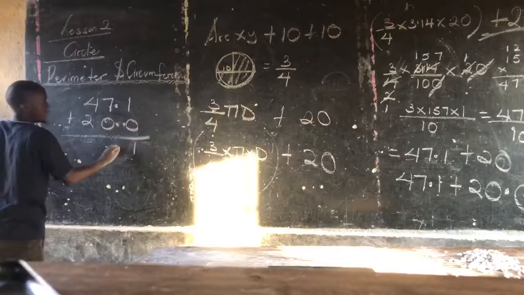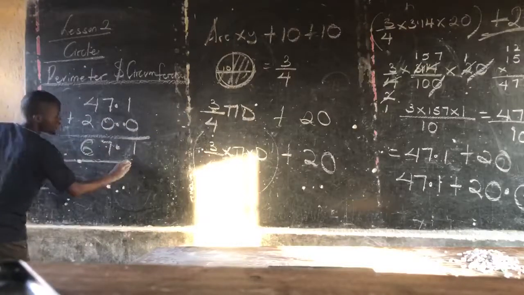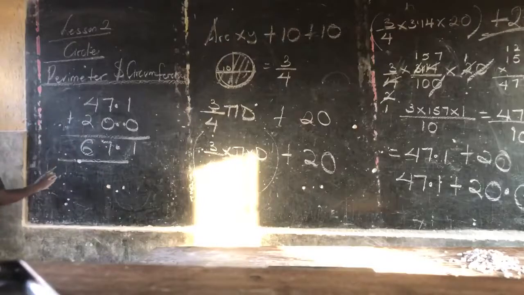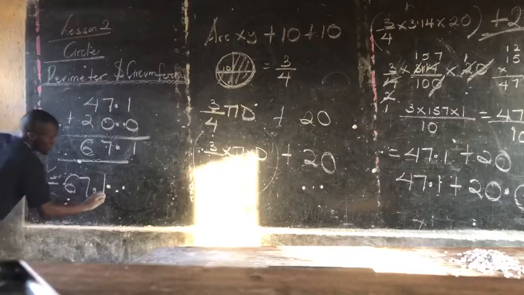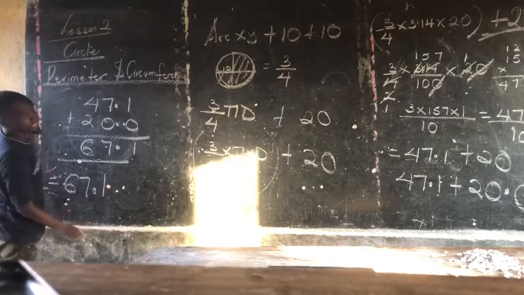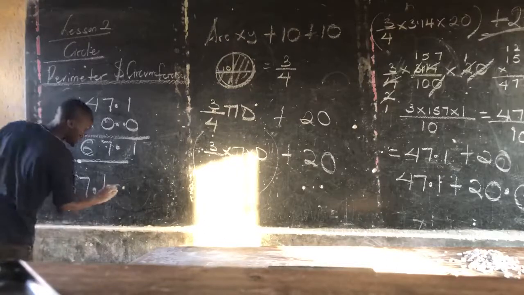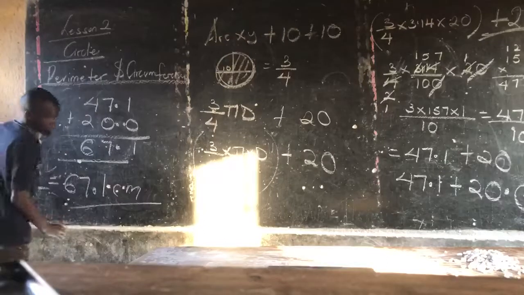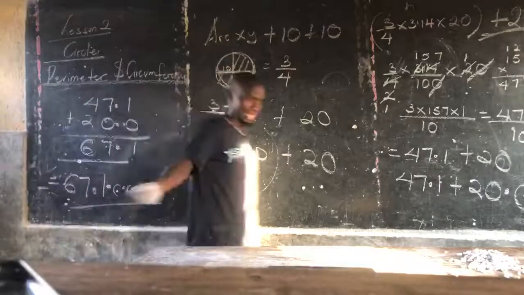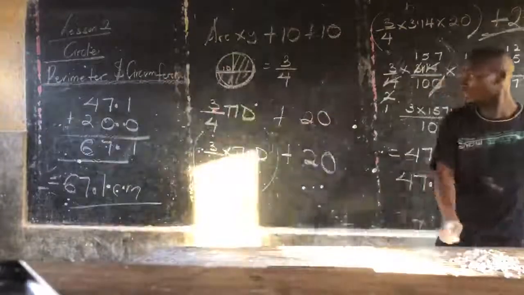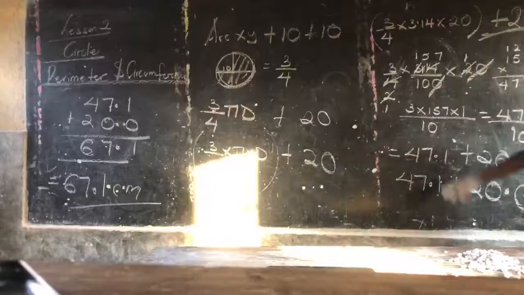You get 67.1. So the perimeter of that figure is 67.1. We are dealing with centimeters, millimeters, decimeters. They are centimeters. When they say meters, use whatever unit was there. So that is going to be the perimeter of that figure.